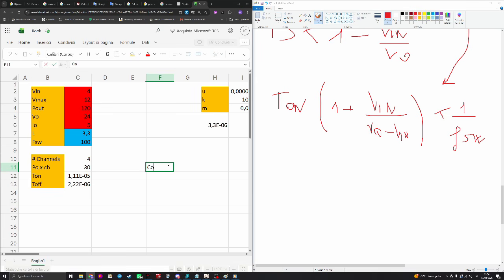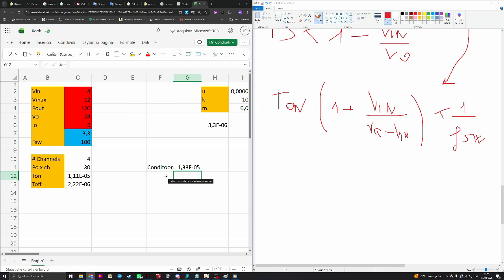So let's write the condition: T on times 1 plus V in over V o minus V in, which is T on plus T off.